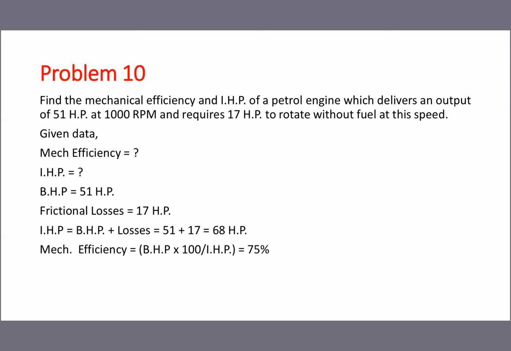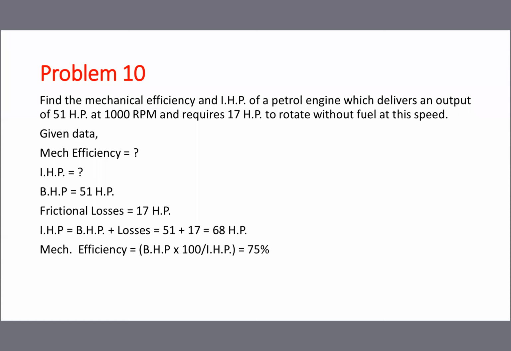Find the mechanical efficiency and IHP of a petrol engine which delivers an output of 51 HP at 1000 RPM and requires 17 HP to rotate it without fuel at this speed. Mechanical efficiency, go to the last line. Mechanical efficiency formula is BHP divided by IHP multiplied by 100.